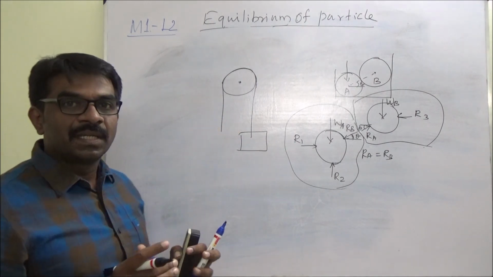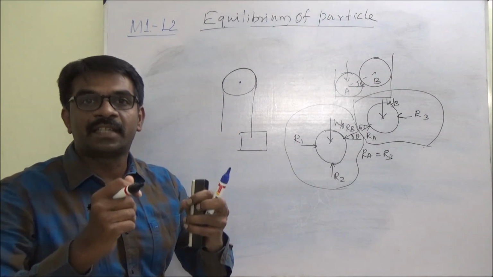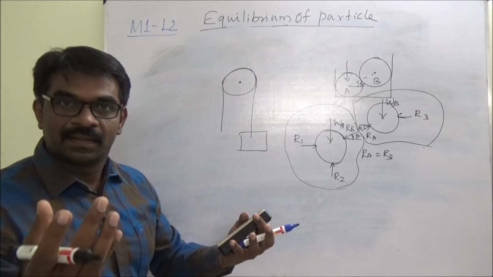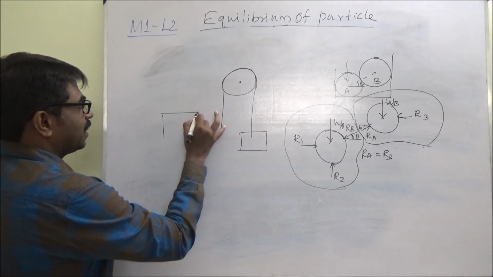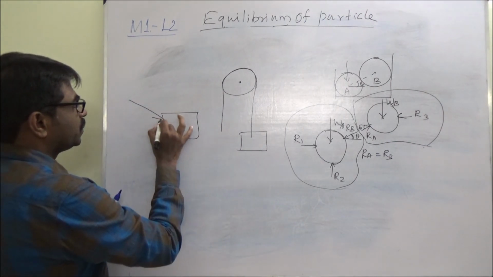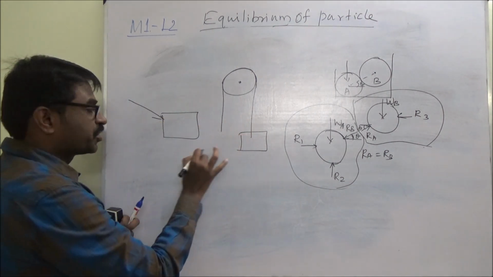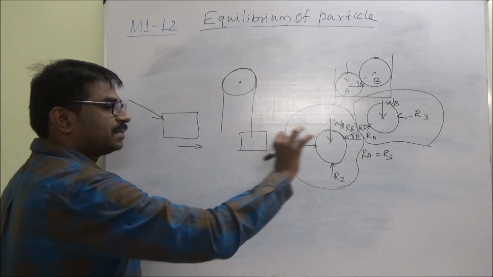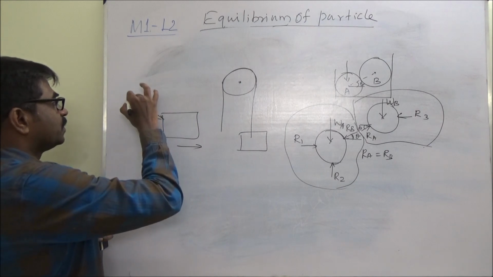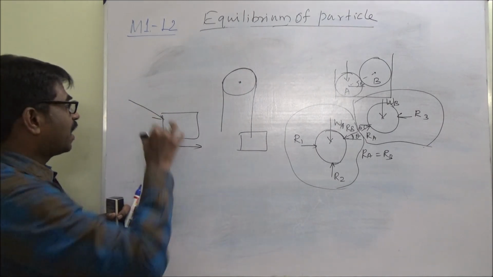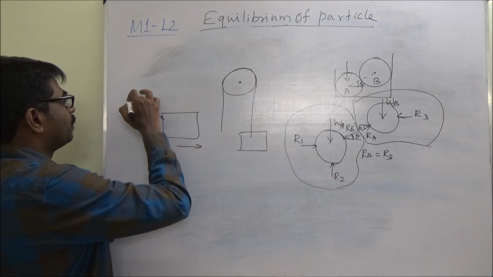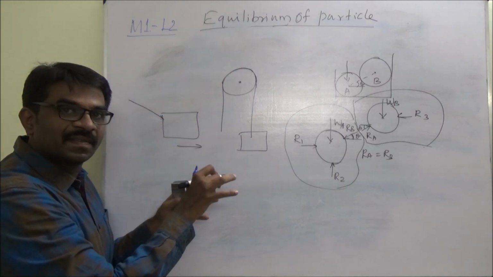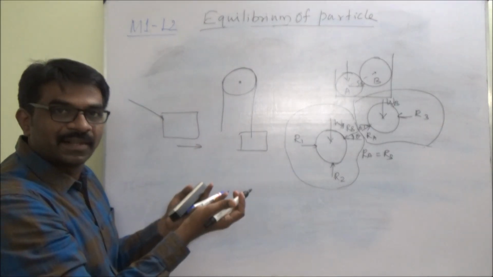The ropes will take only the tension force. Okay? Say for example, you have to push this block this side. Can you use a rope to push this? You cannot. Okay?